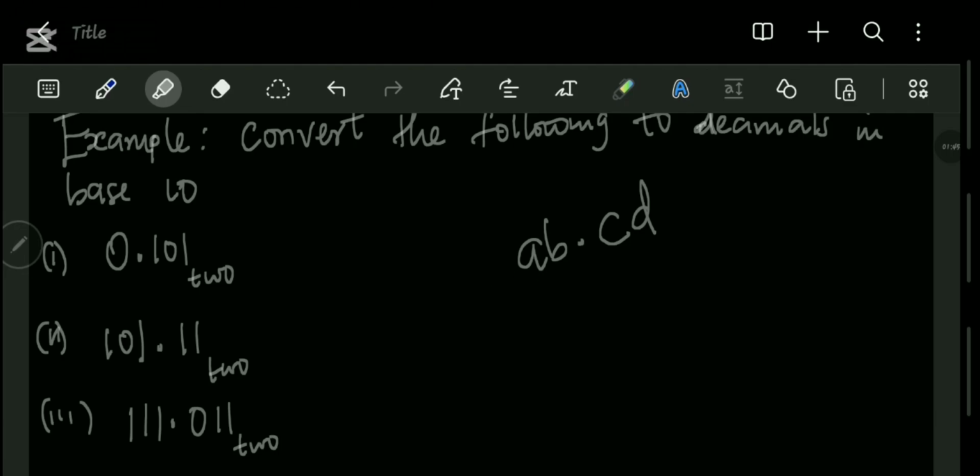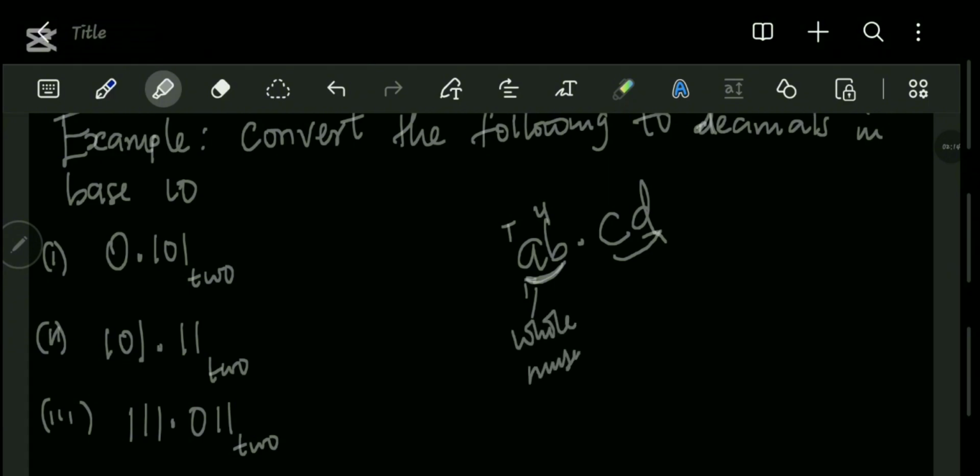Now, the place value of this AB here actually has a meaning, and this CD here also has a meaning. The A here has a place value, likewise the B and the C and D. So the place value of the A here should be tens, and the place value of the B there should be unit. That is, the numbers in front of this point here are whole numbers.